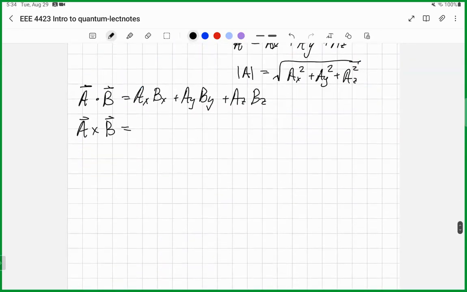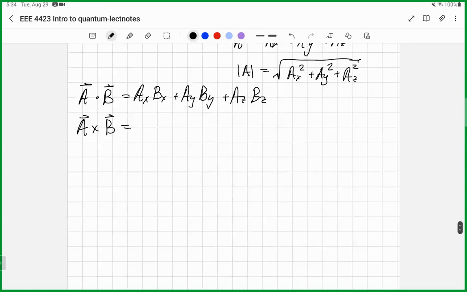I know a trick for how to remember this formula.